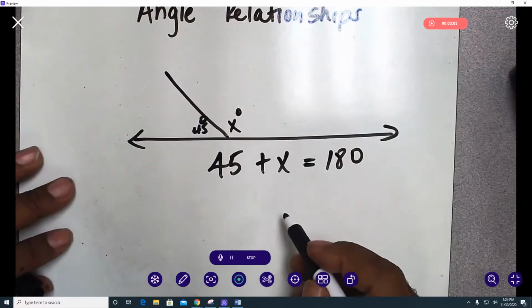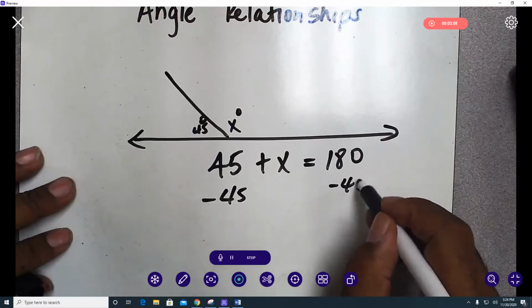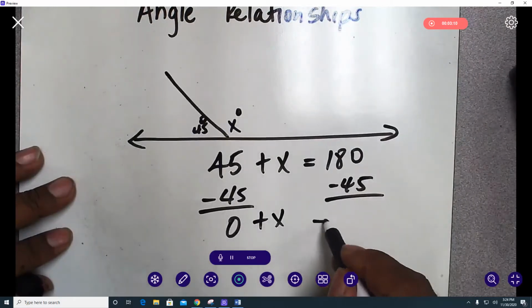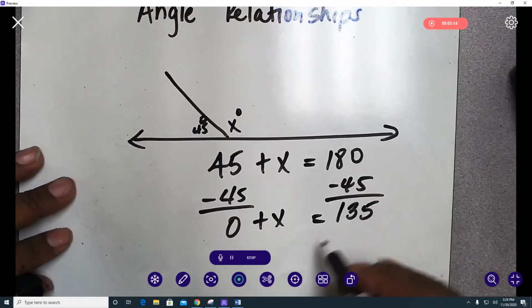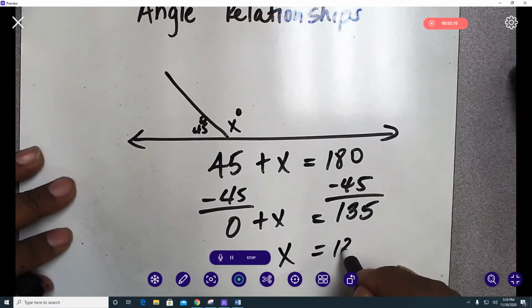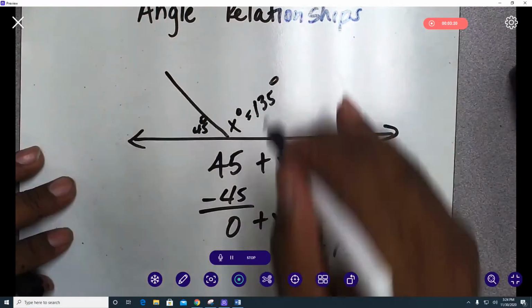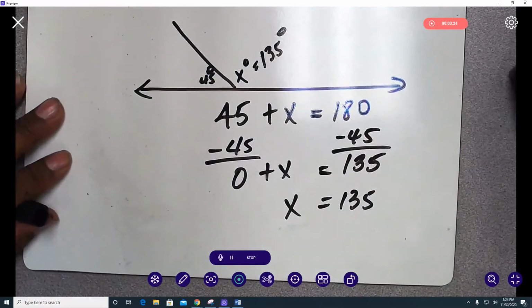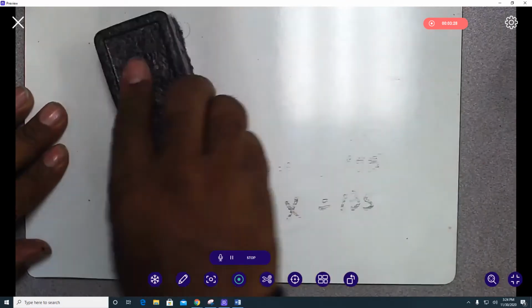To solve this equation, we just do what we normally do when we solve an equation. 45 minus 45 is 0, and 180 minus 45 is 135. So x is equal to 135. That means this is 135 degrees. Got that? Let's step it up a little bit.